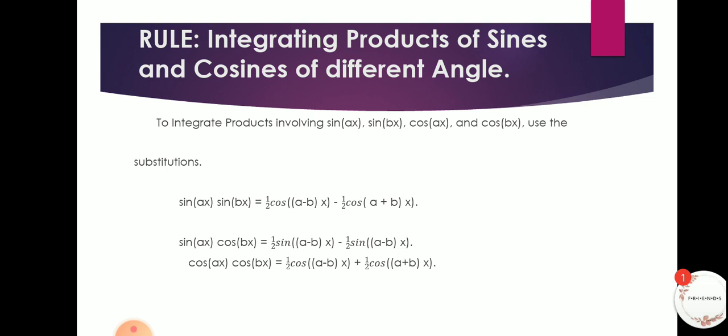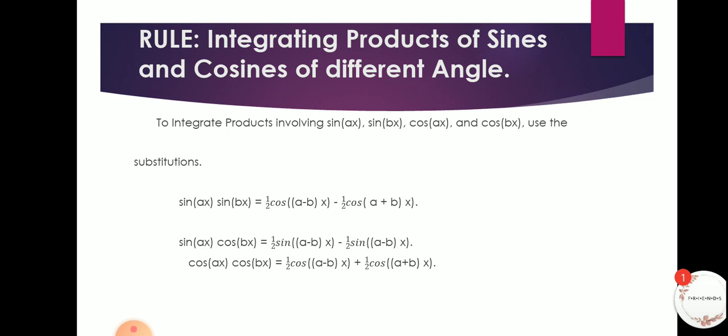So the rule for integrating products of sines and cosines of different angles. To integrate products involving sine ax and sine bx, and cosine ax and cosine bx, use the substitutions. Sine ax sine bx equals 1/2 cosine (a minus b)x minus 1/2 cosine (a plus b)x.